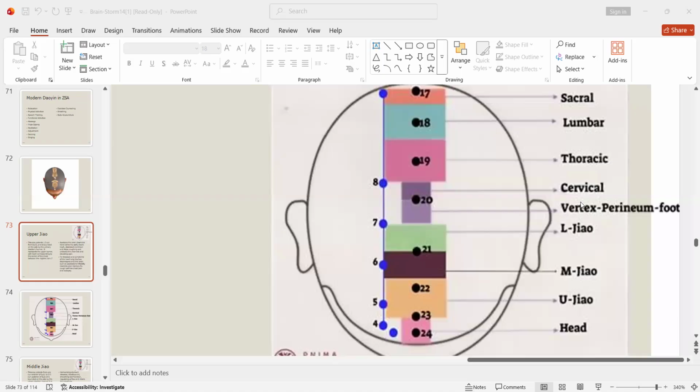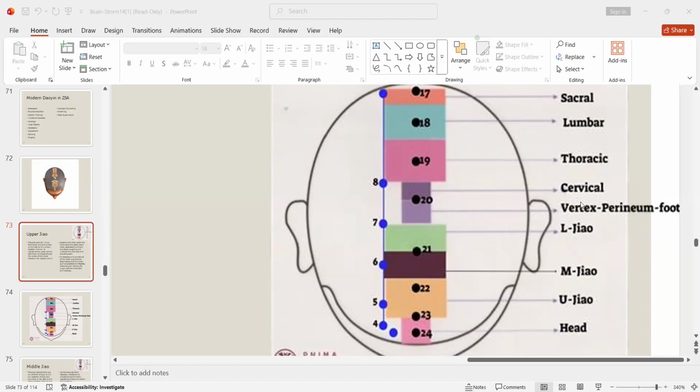It treats headache at the vertex, when there is pain in the top of the head, and pain in the foot, and foot problems and hip problems. Then you use the vertex and perineum foot area.